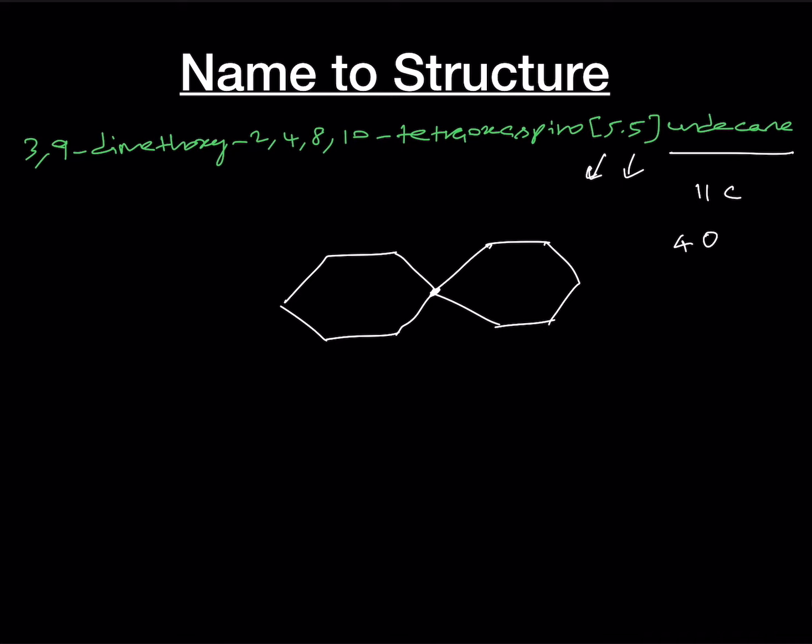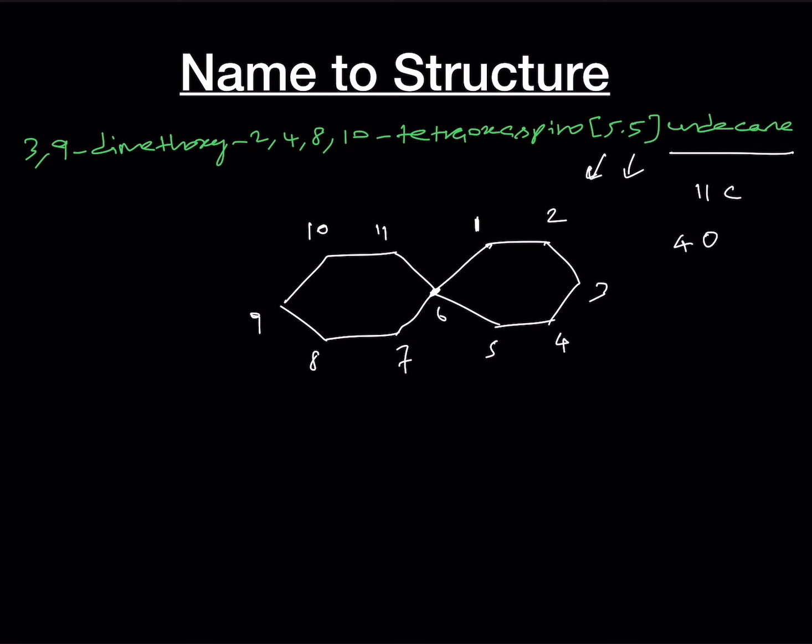Okay, so we begin the numbering one step away from the spiro carbon. So let's say this is 1, 2, 3, 4, 5, 6, 7, 8, 9, 10, 11. Now it says 2, 4, 8, 10.